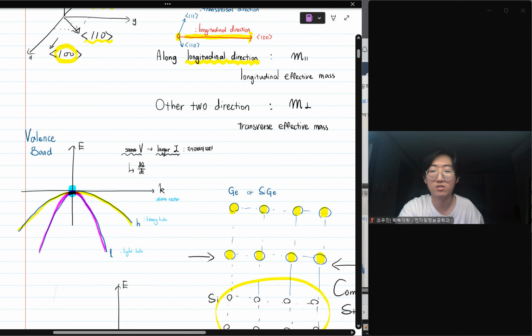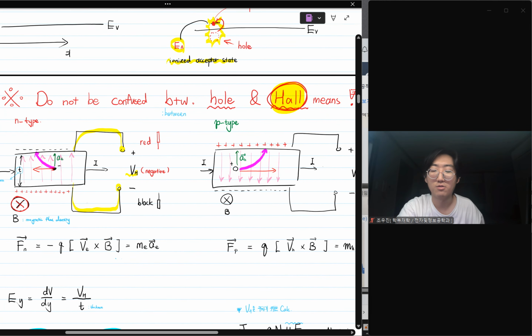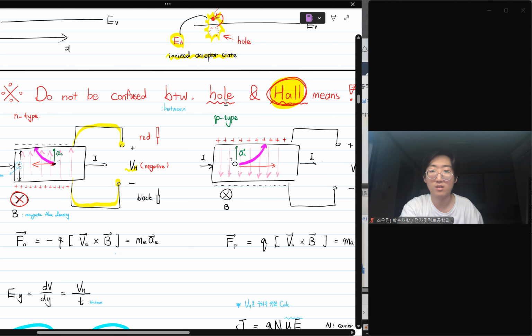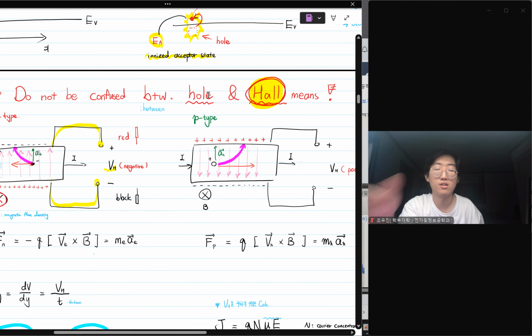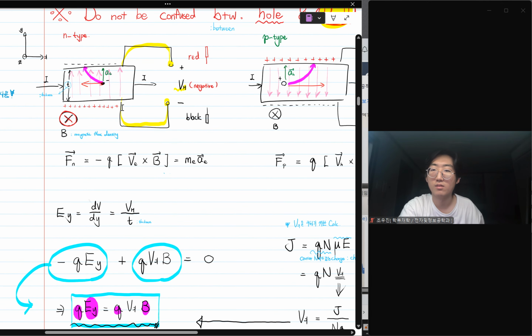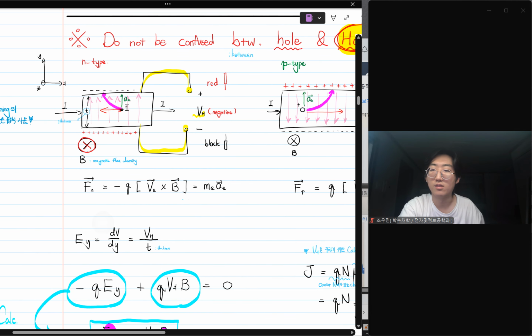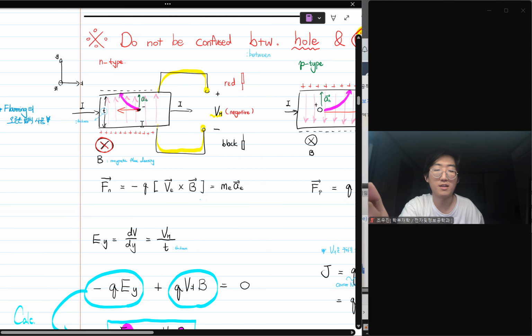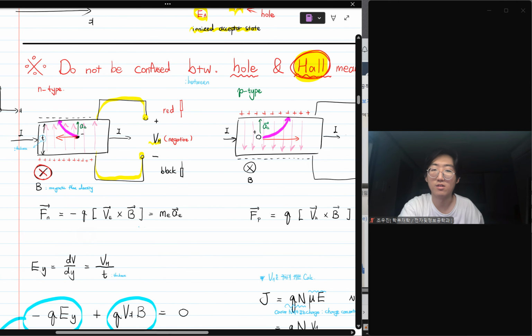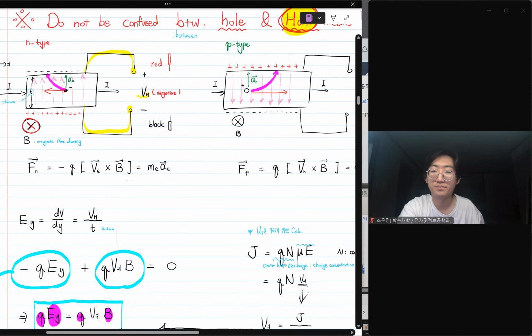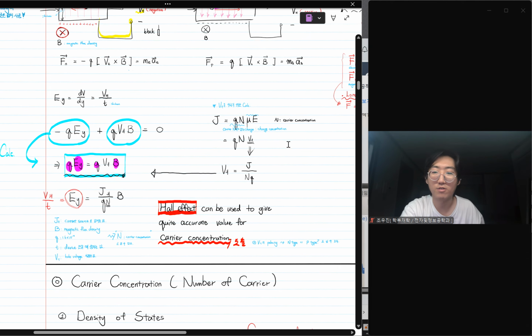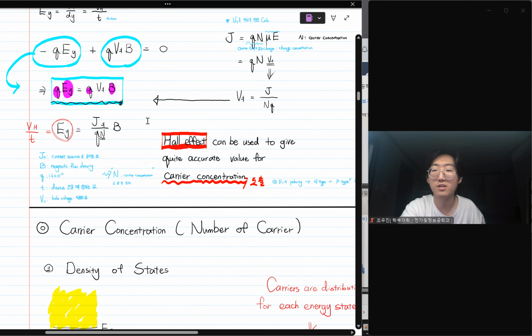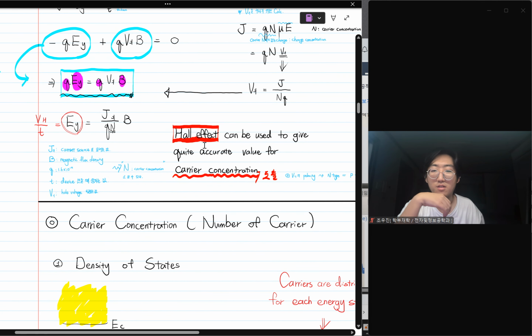Now I'm going to talk about Hall effects. You should not confuse Hall and this hole, which means a positive charge in a semiconductor. Following Fleming's right-hand law, you can understand these pictures and get some equations from this. Finally, the Hall effect can be used to give a quantitative value for carrier concentration.